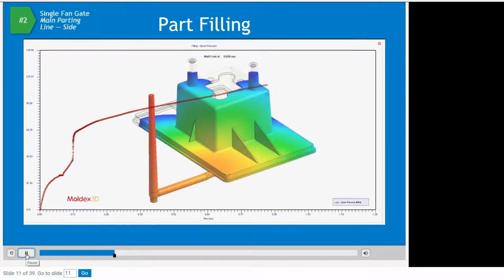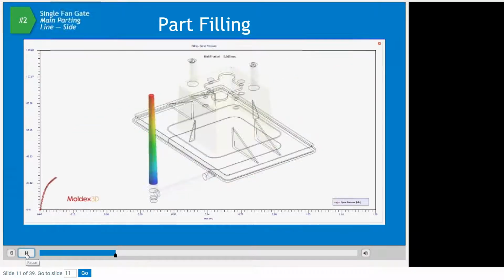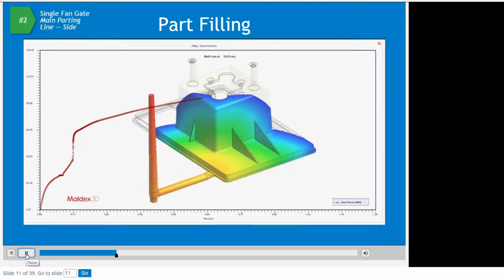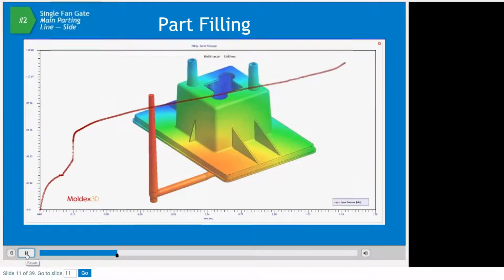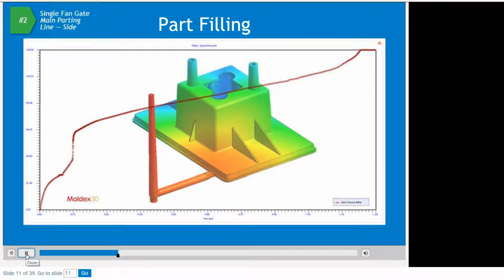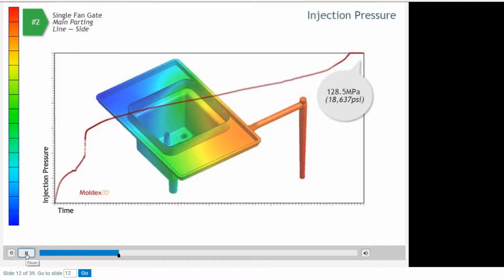Sprue fills, secondary runner through the gate, very smooth fill behavior inside the part, reaching the pack switchover point, and flatten out the curve. The offset gate required higher pressure to fill the mold. The maximum pressure at the end of filling is 128.5 megapascals.